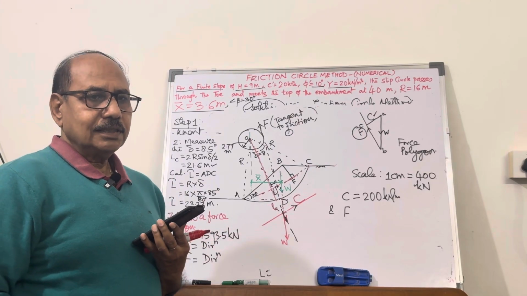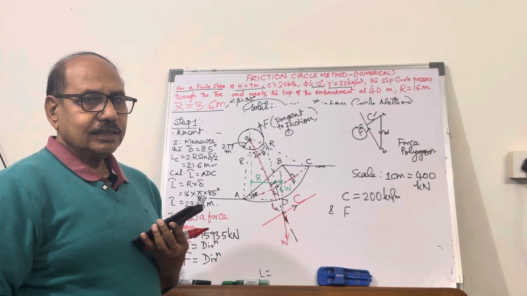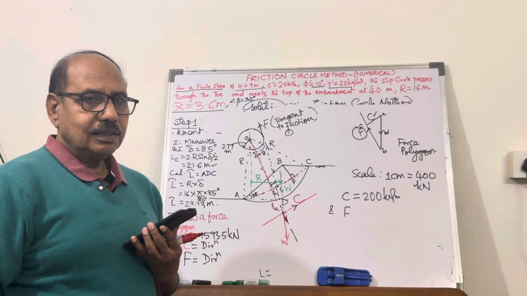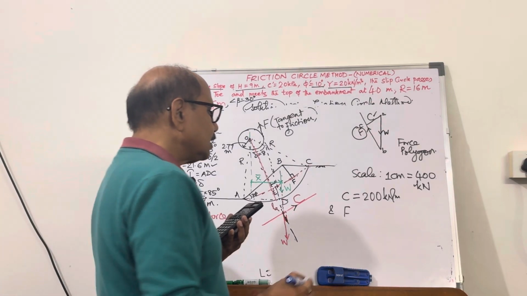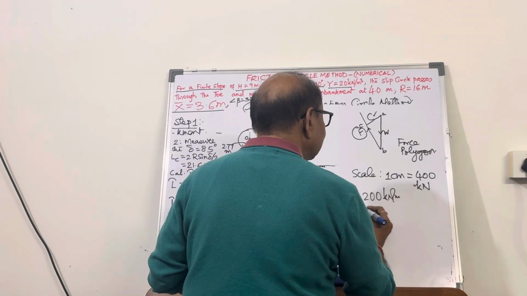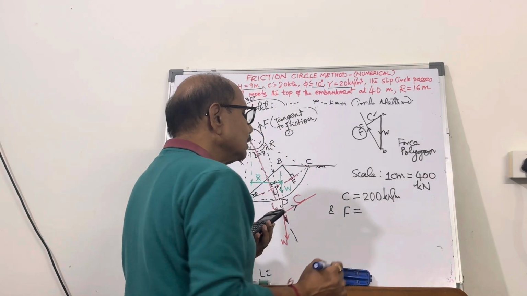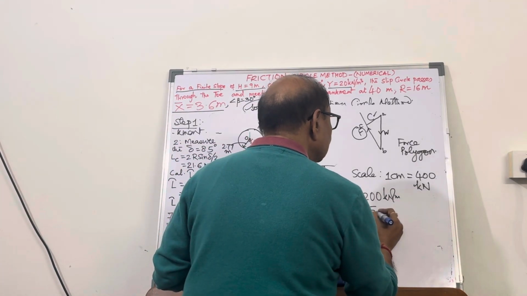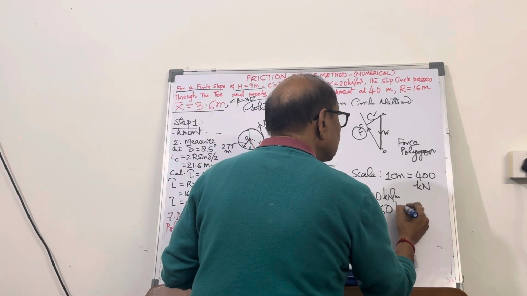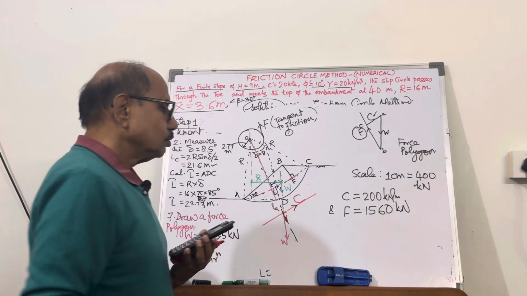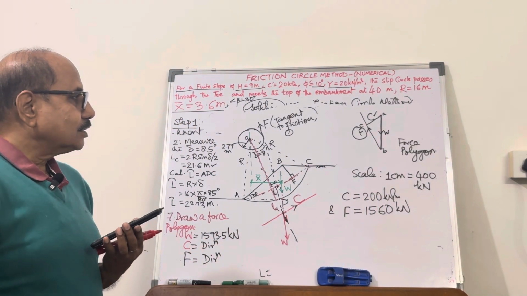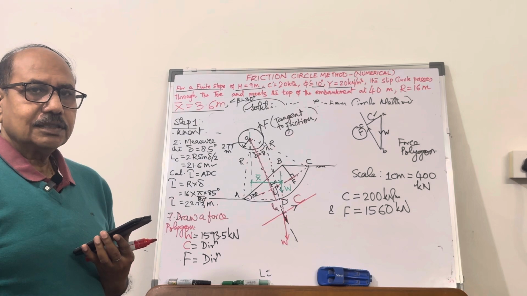So, friends, it is very easy. You can just find out. And this resultant intergranular force is 1560. So, all the forces are known to us.